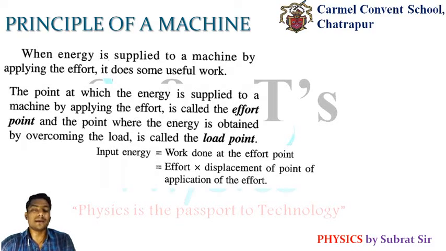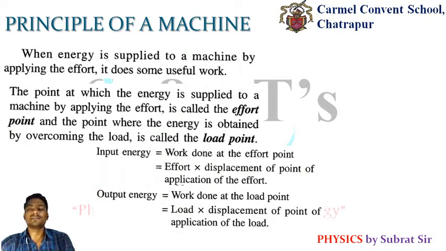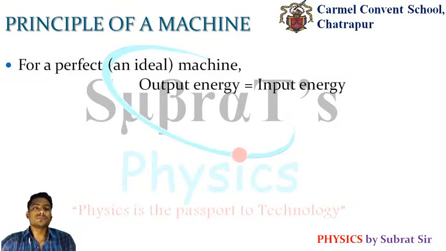Effort multiplied by the distance moved by the point of application of the effort. Similarly, output energy is equal to the work done at the load point, which is equal to load multiplied by the displacement of the point of application of the load. Now, for an ideal machine, output energy is always equal to input energy.